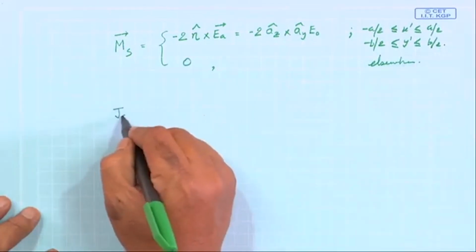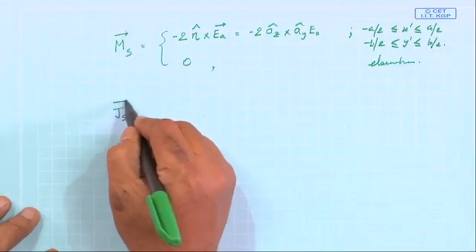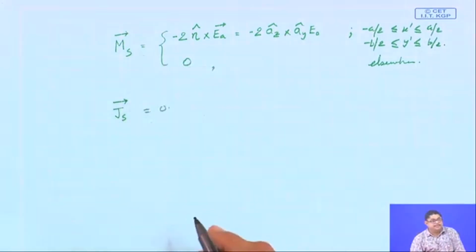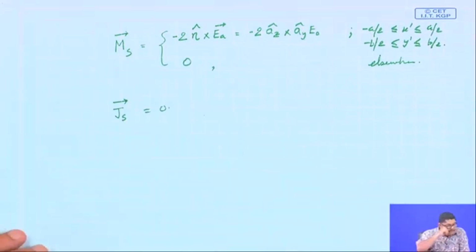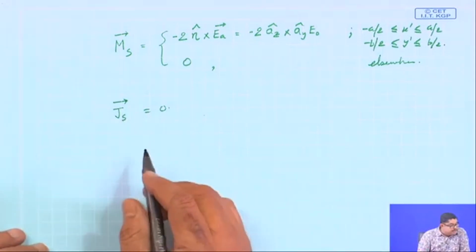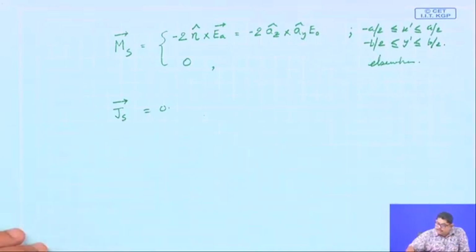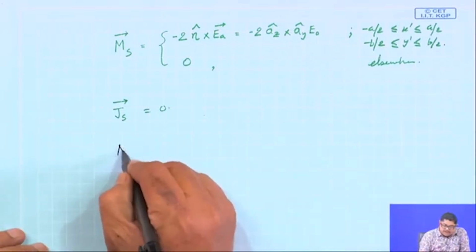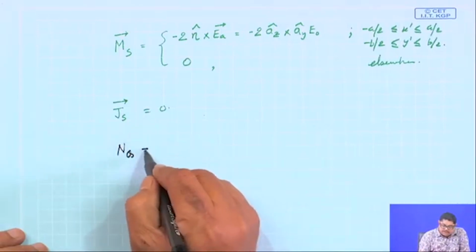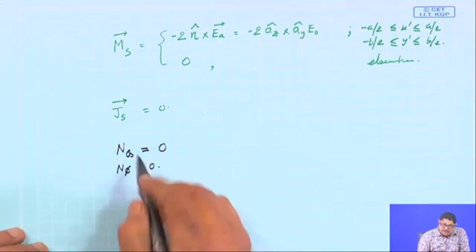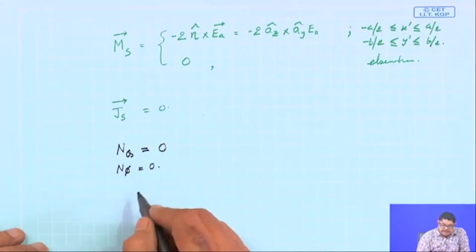And also we know that since we have an infinite ground plane, so Js is 0. So, the sources, we have found with the surface equivalence principle, the surface sources, currents. So, now if you see your old notes, you can easily find out that since Js is 0, N theta will be 0, N phi will be 0, and there will be L theta and L phi.